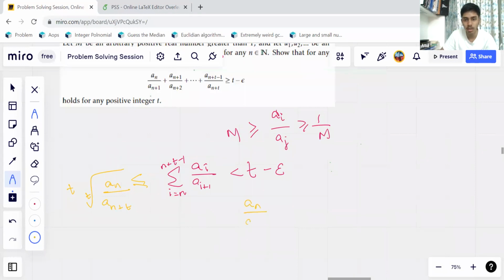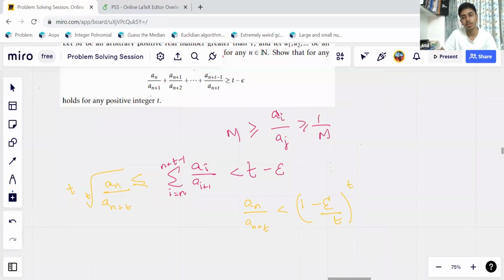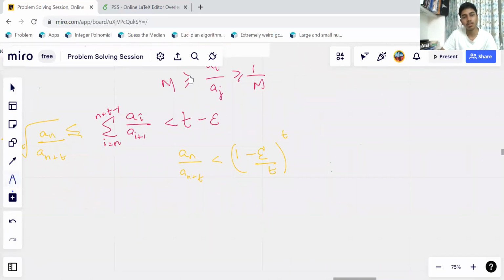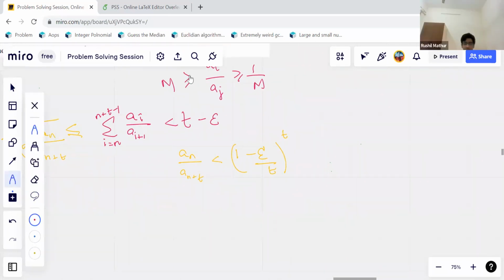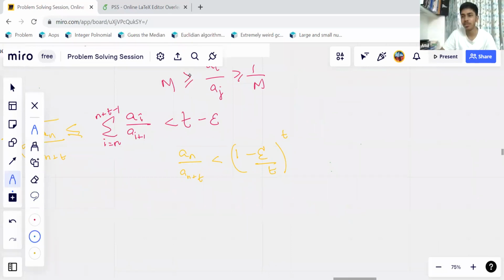It says that a_n over a_{n+t} is strictly less than 1 minus epsilon over t, to the t. Okay, that seems useful. Oh, that's actually very nice, because it's like an e to the minus epsilon type thing. For sufficiently large t, this can be treated as almost some constant c.